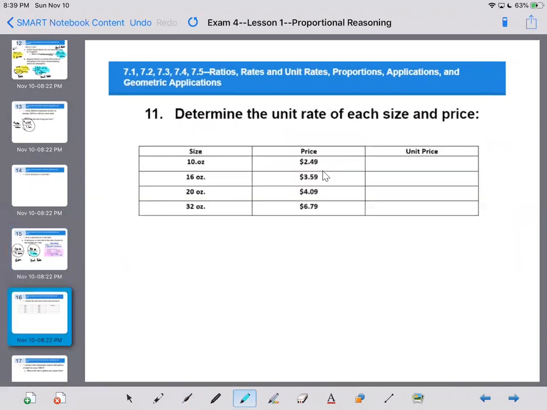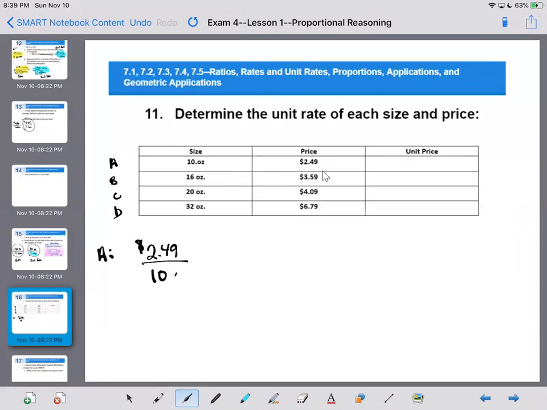Now, some other examples, I may ask you to find that unit price. I may determine, hey, what has the best deal, or what can you get the most per 1 ounce or 1 hour or 1 gallon? So in this case, I'm just going to call this A, B, C, and D. So for A, we would say $2.49 per 10 ounces.